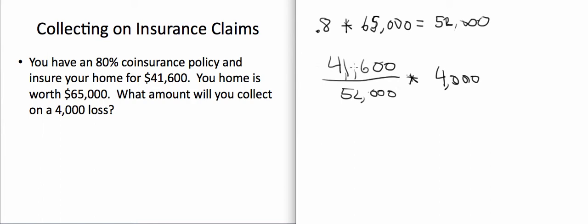So we take 41,600, divide it by 52,000, multiply it by 4,000. We get an answer of $3,200. So that's how much you will collect from your insurance company based off of an 80% co-insurance policy.